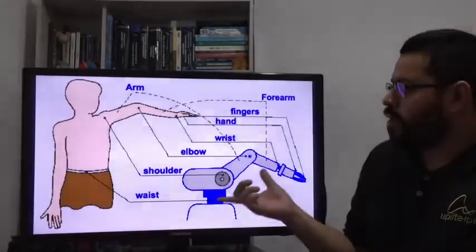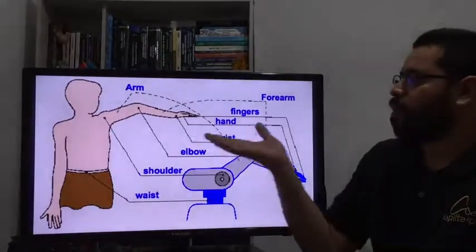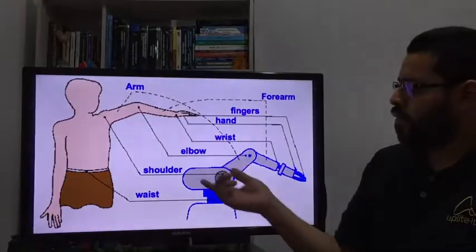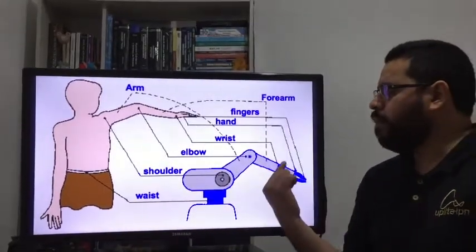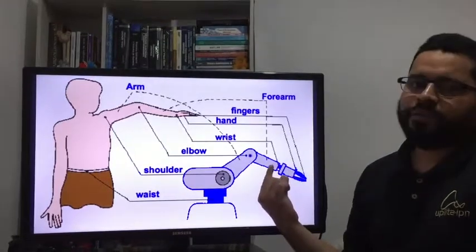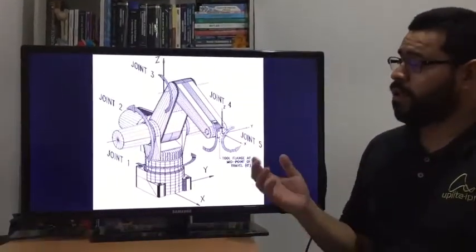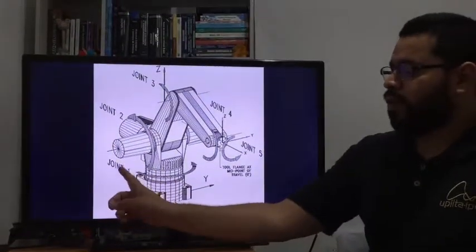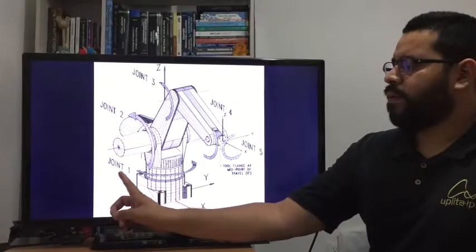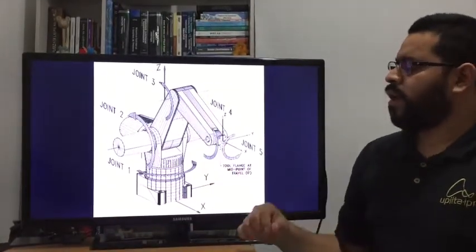That in the human is the hand, and in the robot is some other tool. So in the robot we can identify those two primary parts: the arm with the first three joints, and the forearm with the wrist, which has three joints. The nomenclature in robotics for the joints is normally a letter Q with subscripts 1, 2, and so on.